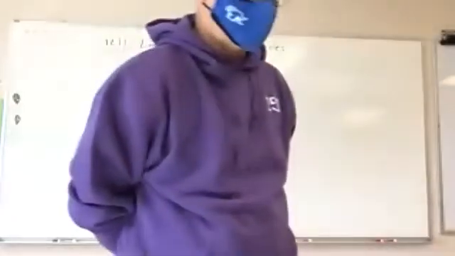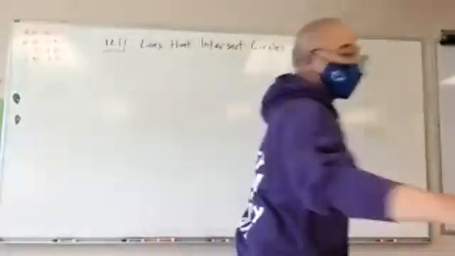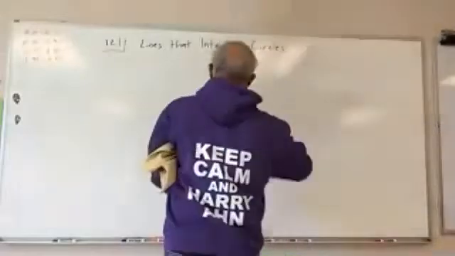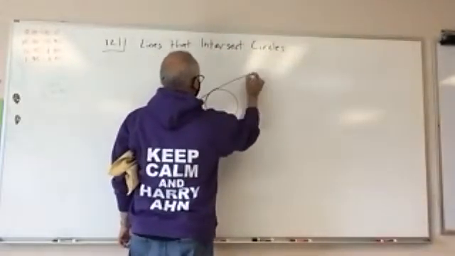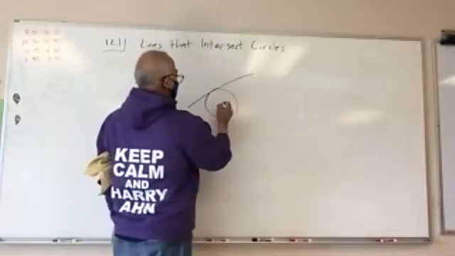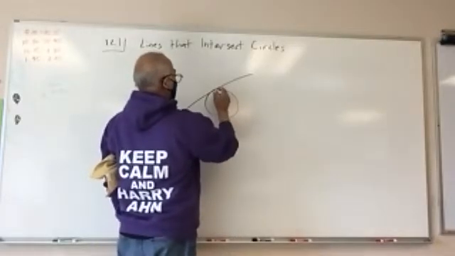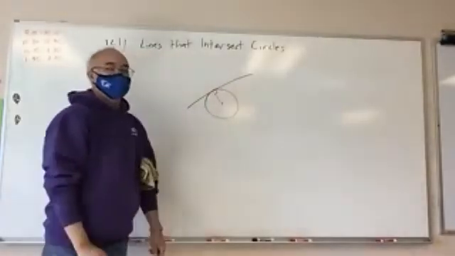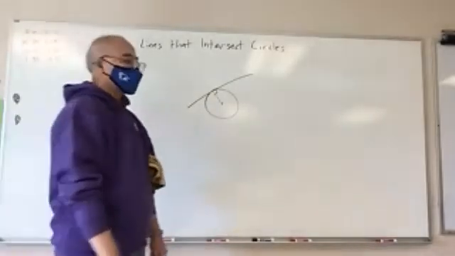Okay, that makes sense? So what they're trying to say here is if I had a circle and a tangent line like this, and this is the center, this radius is going to be perpendicular to the line.